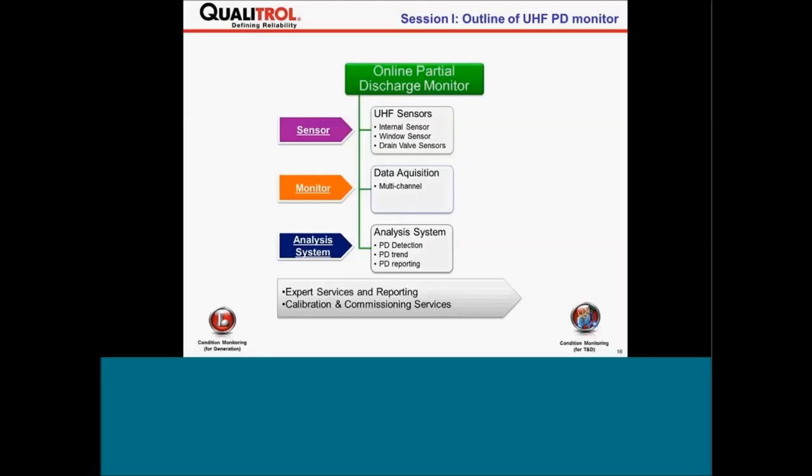What constitutes a monitoring system? Like all systems monitoring, you require a sensor. In this case, we have either internal sensors, window sensors, or valve sensors, and we'll discuss them in more detail in a little while.